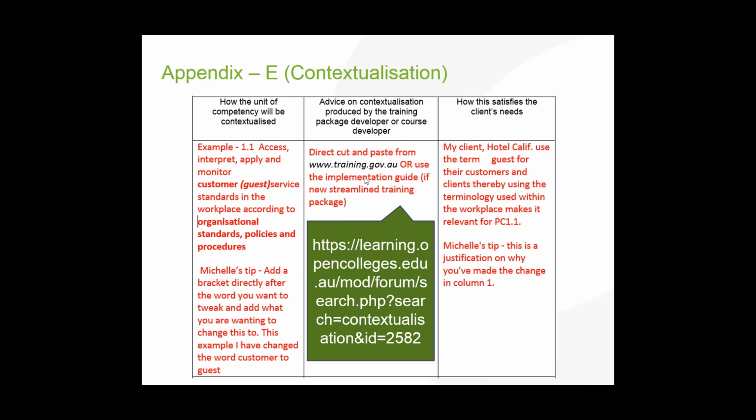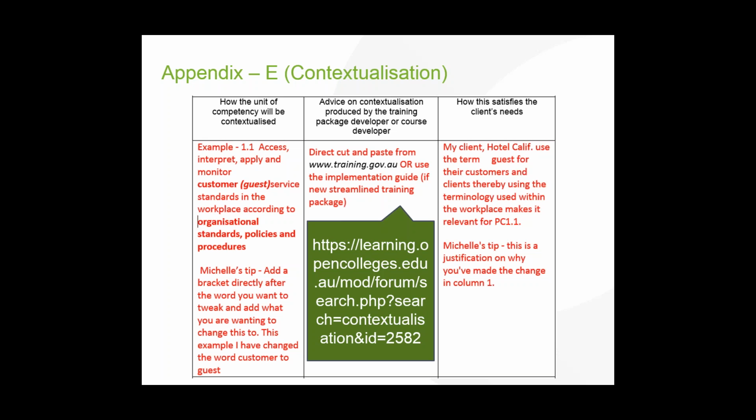What we have there is the information about the rules related to contextualization, which are saying you cannot change the numbers of your elements, you cannot remove anything from performance criteria, but you can add some stuff in it. But with a range statement, you can do whatever you want to do.